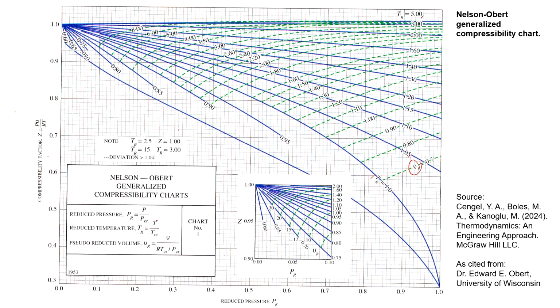Here is the equation for how to find the reduced pressure, reduced temperature, or pseudo-reduced volume. For reduced pressure, it is P over the critical pressure, and for reduced temperature, it is T over the critical temperature. Whenever you have these two properties, you can obtain the compressibility factor. Say you have a reduced pressure of 0.5, and when you computed the reduced temperature, it's right here.